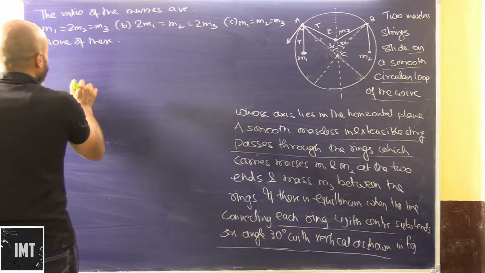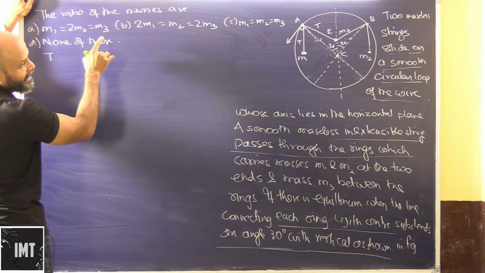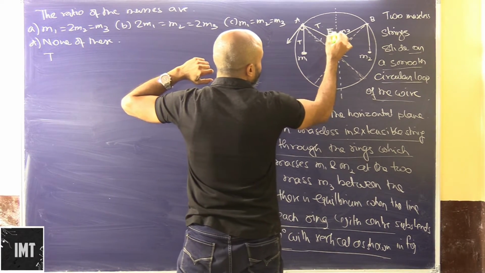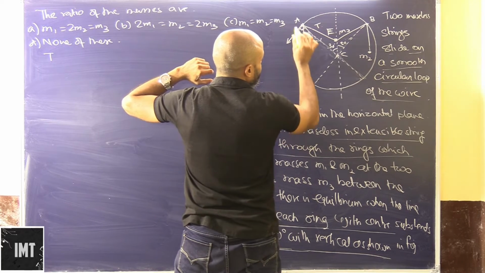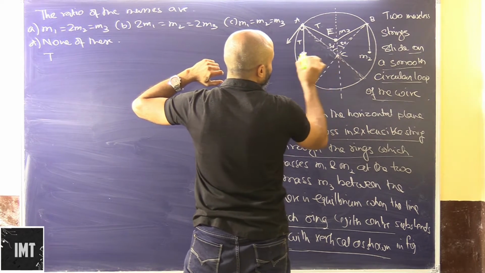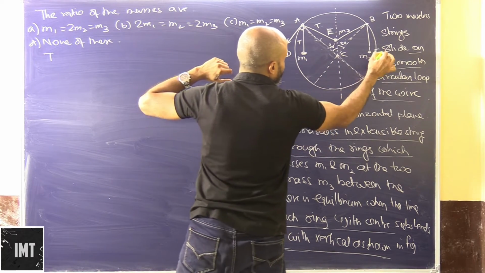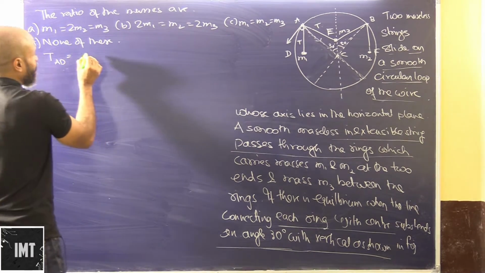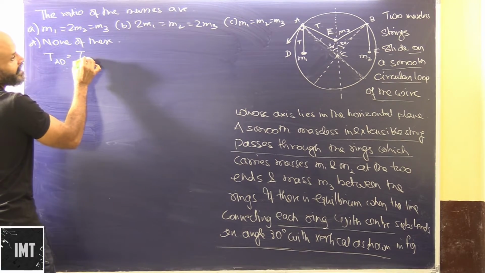Okay, so in that case, T along, let's say we name this as E, and we name this as, let's say, A, B, E, C, let's say D and F. Okay, so tension along AD should be equal to tension along AE.